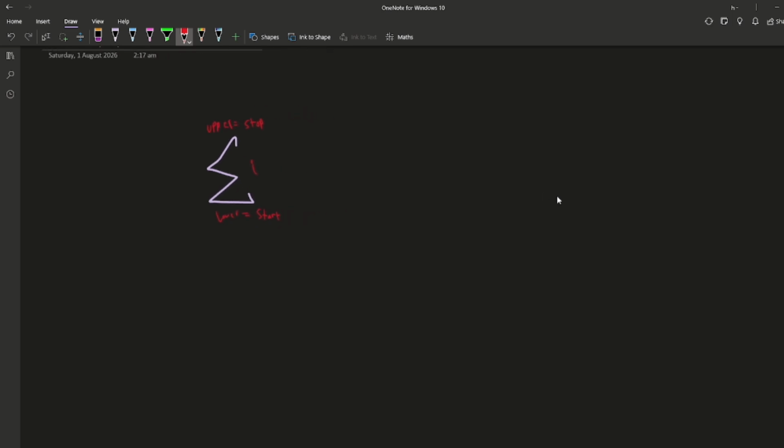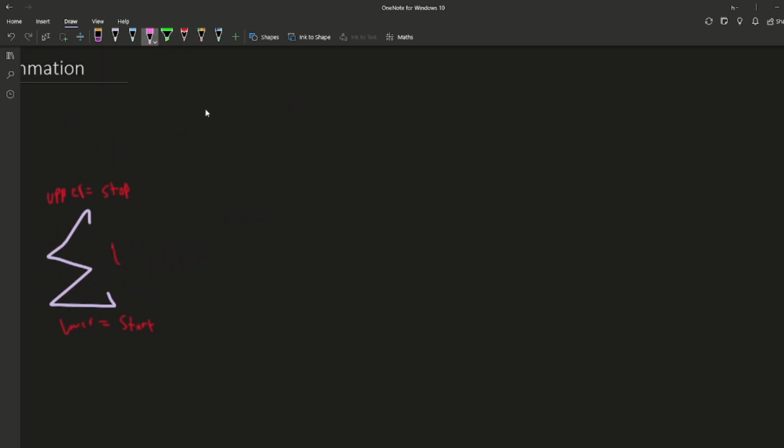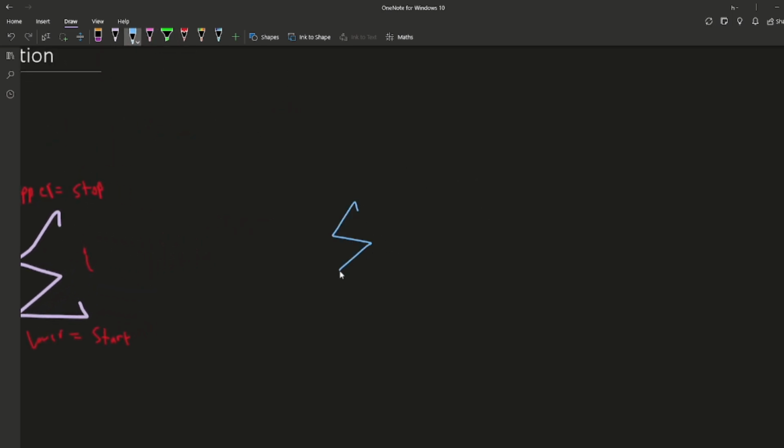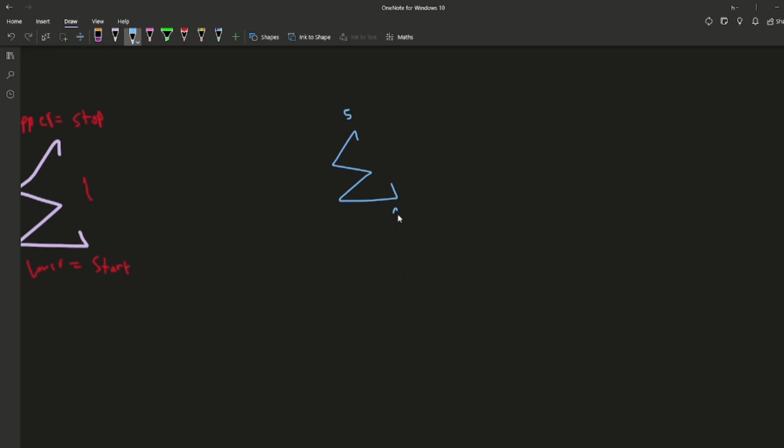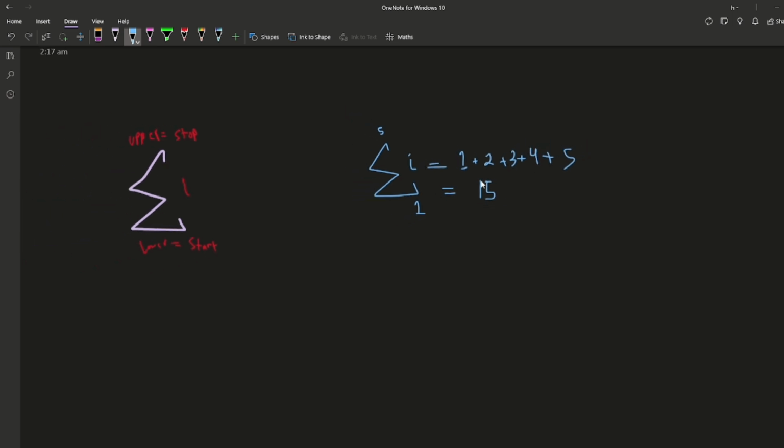If we have something like this with an upper value of 5 and a lower value of 1 and an index, this basically means the sum of everything up till 5. So 1 plus 2 plus 3 plus 4 plus 5 equals 15.